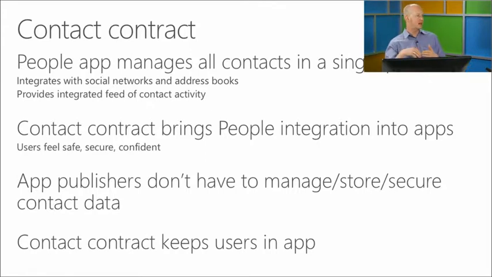But it's being integrated into my app, so it just feels like, there's my People app contact for Kim, right? So it's a great story for users, as well as a great story for publishers. And again, it's an opportunity to have that contact information, and more importantly, some of those actions integrated into your app in such a way that it keeps users in your app. They're not going to the start screen and starting the People app and forgetting what they were doing in your app.